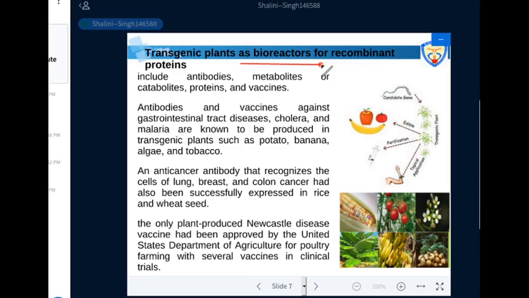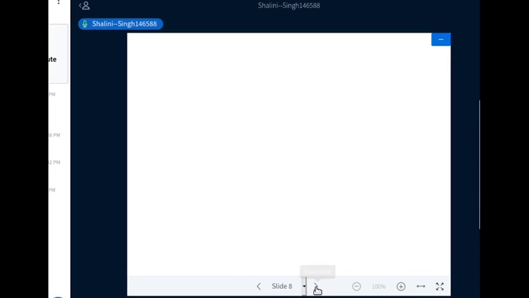An anti-cancer antibody that recognizes cells of lung, breast, and colon cancer has also been successfully expressed in rice and wheat seeds. The first plant-produced Newcastle disease vaccine has been approved by the United States Department of Agriculture for poultry farming, with several vaccines in clinical trials.